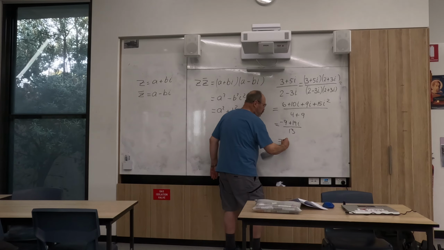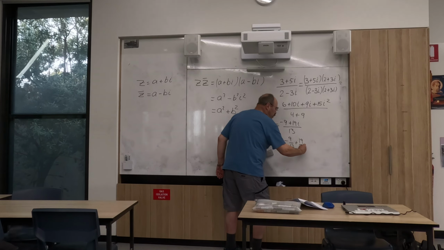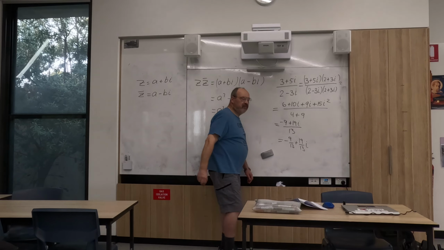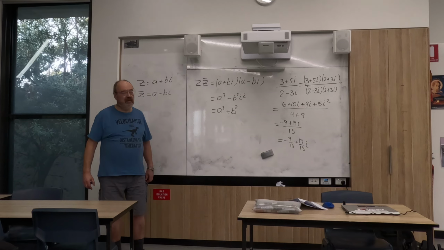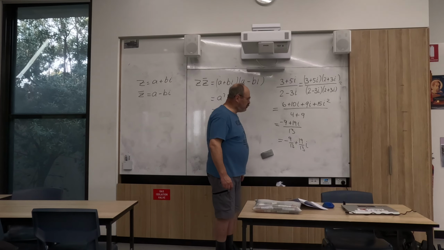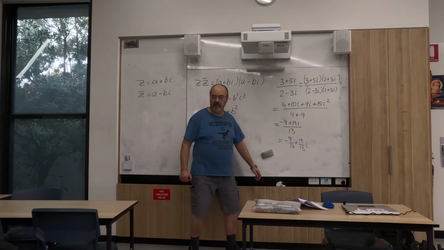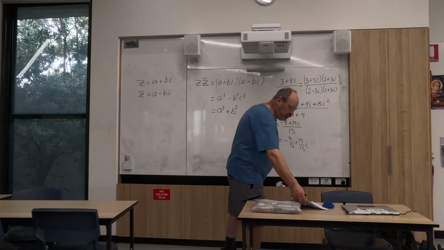The final answer is negative 9 over 13 plus 19 over 13 i. That is the answer to the division, and we got it into the standard form a plus bi. Make sense?